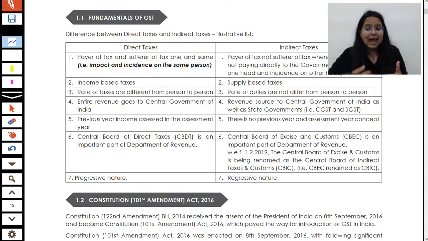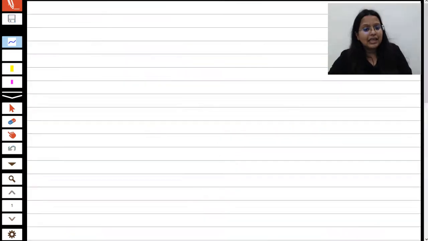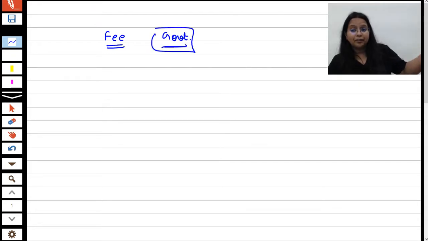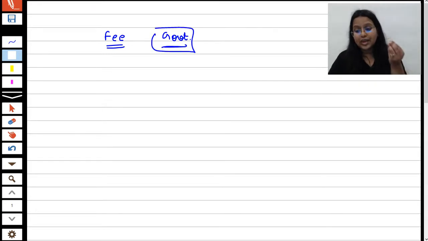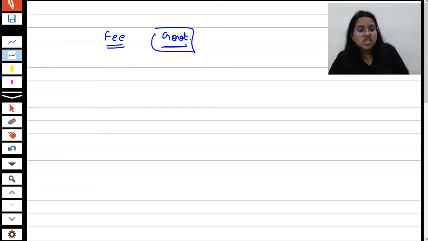But before starting the basic concepts of GST, we are required to understand what taxes are. So let's understand what taxes are. Taxes are basically a fee which the common public has to pay to the government. Now, why is the government charging this fee from the common man? The reason is, students, ultimately they are charging this fee in the form of taxes from us, and they are spending it on us only.